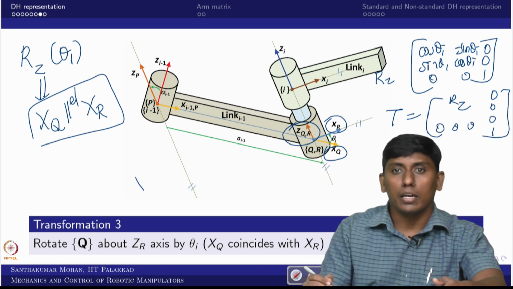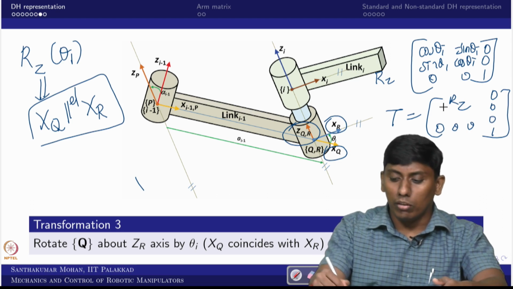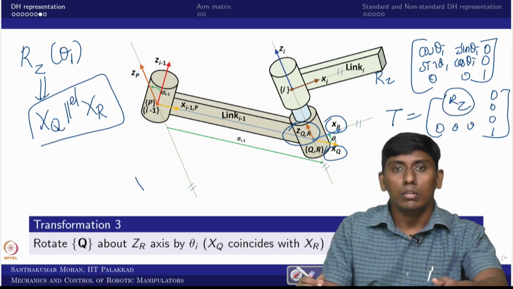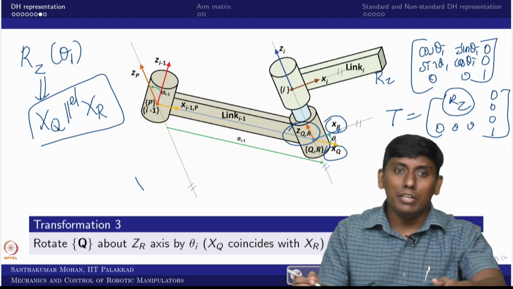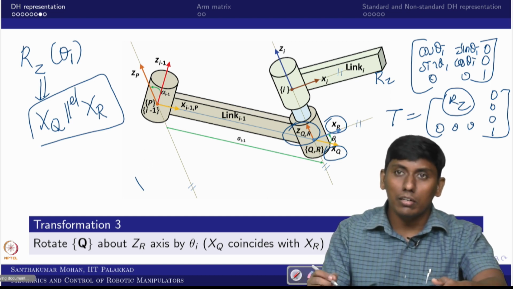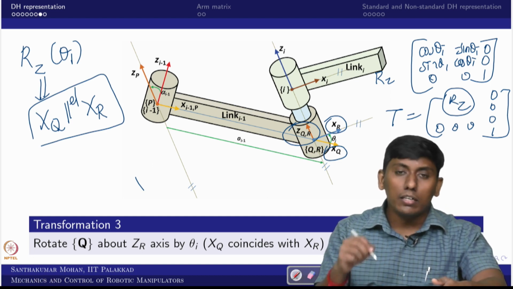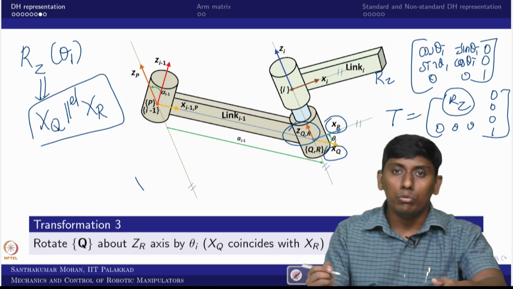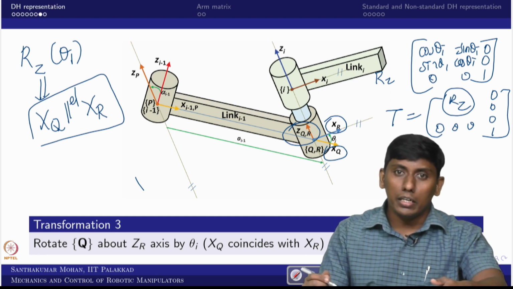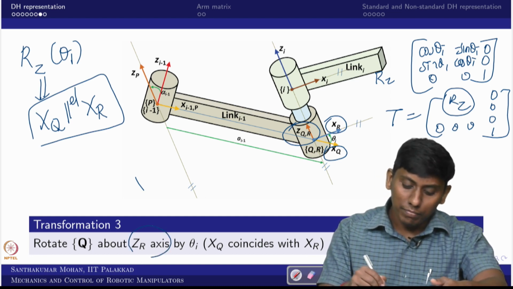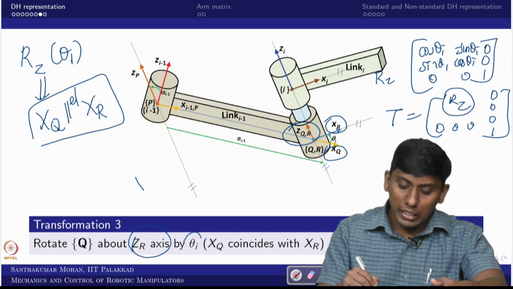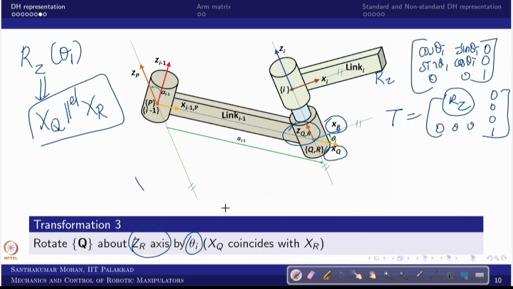This is 3 by 3, and this will give a 4 by 4. What exactly we did in the third transformation is rotate the q coordinate about zr by an angle of theta i, so that xq coincides with xr. So this is the third operation.